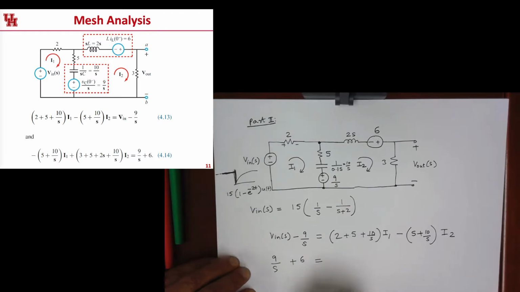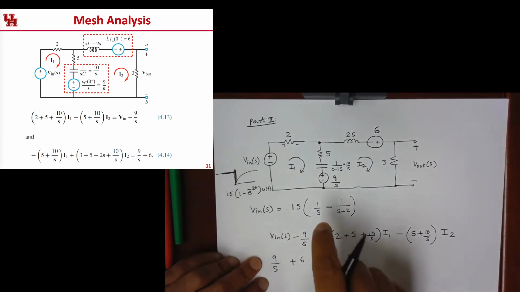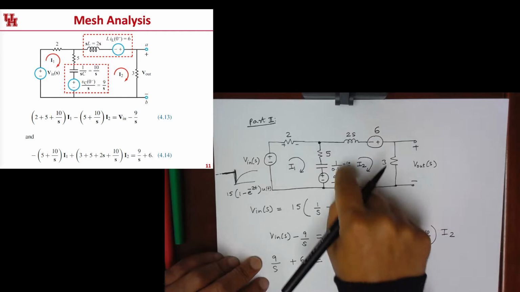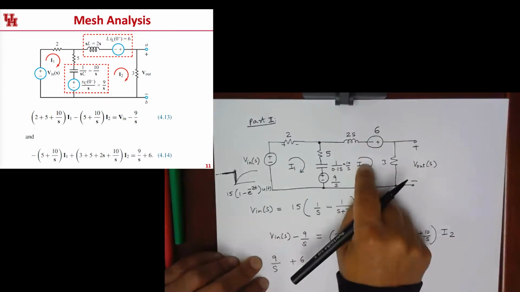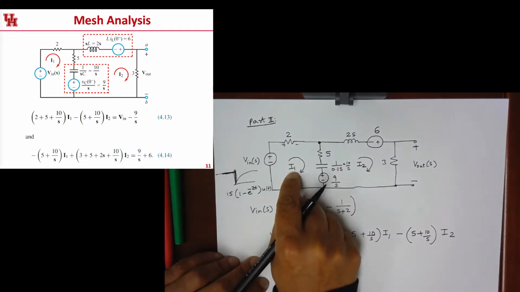And current-wise, for this part, if we use clockwise as the sense for this circuit, the current from I1 is going to be going in the opposite direction.